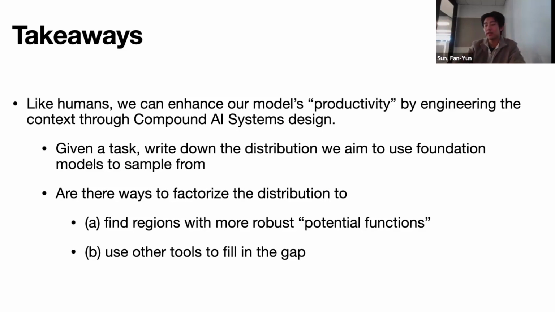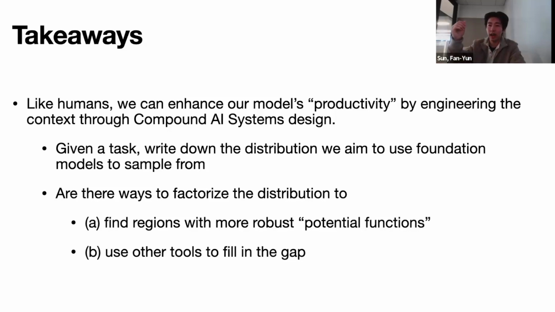given whatever task you have at hand, you can write down the distribution that you aim to use language models to sample from. And then you ask the question, if language models cannot do this in one shot, are there ways to factorize this probability distribution?